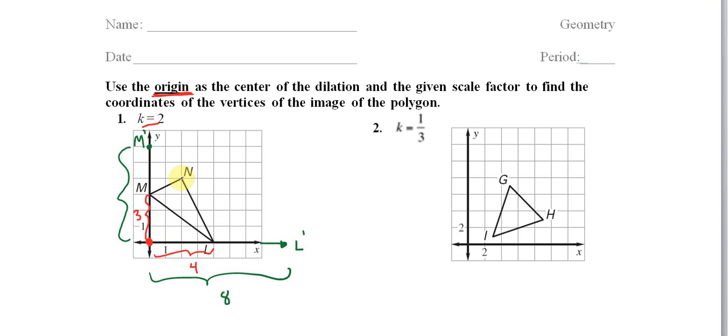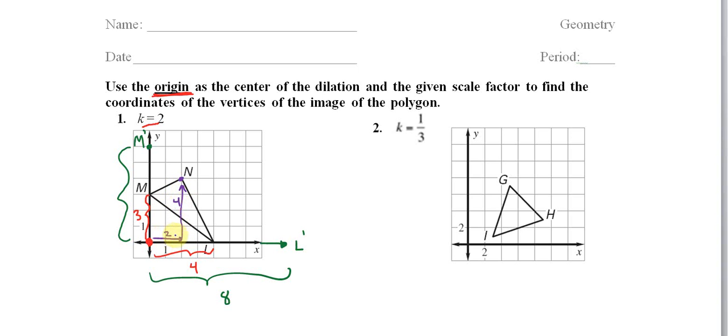It's out here. So when we're using a coordinate plane, and I will prove this in a later video, we can look at the horizontal distance. From the origin, I'm going 2 over and 4 up.